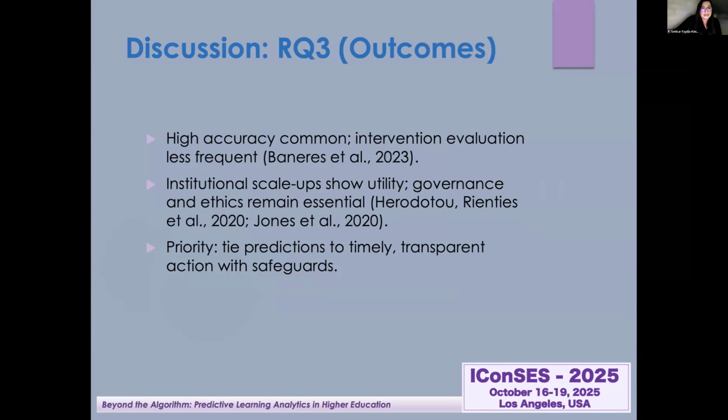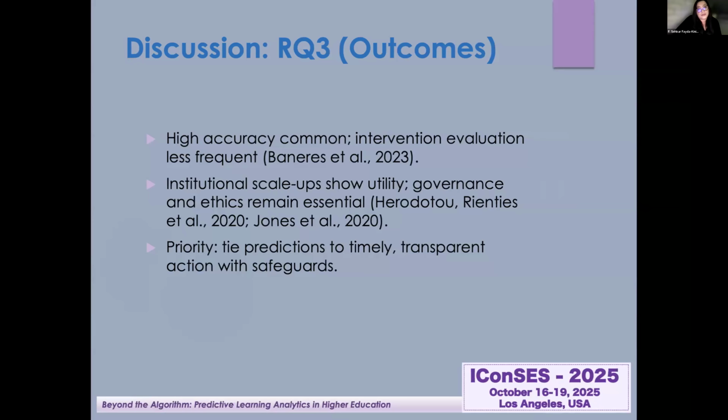When we look at the research outcomes in general, we can say that high accuracy was commonly found in these studies, and institutional scale-ups were found useful in terms of governance and teaching and learning issues.